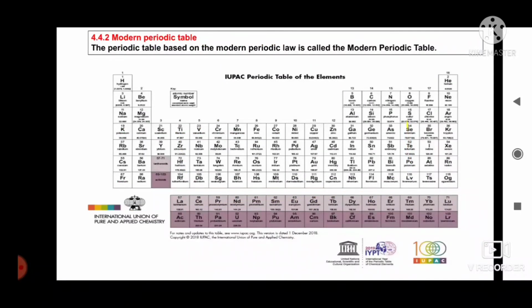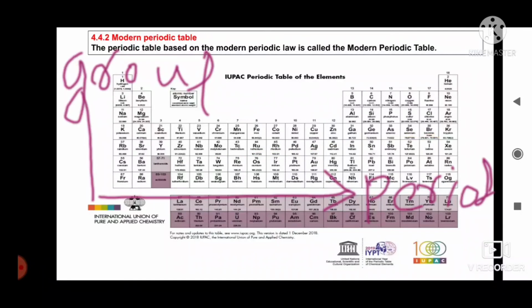The periodic table which is based on the modern periodic law is the modern periodic table. In this table, elements are arranged according to the increasing order of their atomic number. There are 18 groups, the vertical columns, and 7 periods, the horizontal rows.